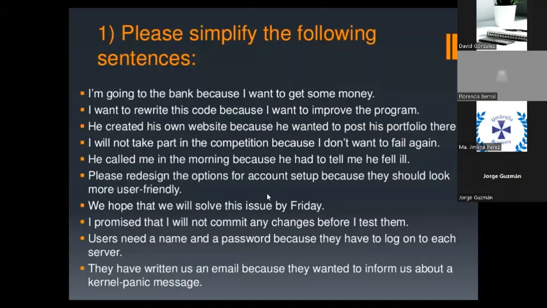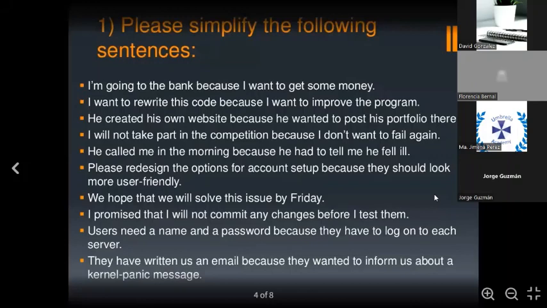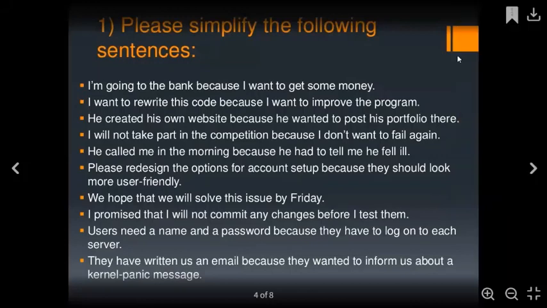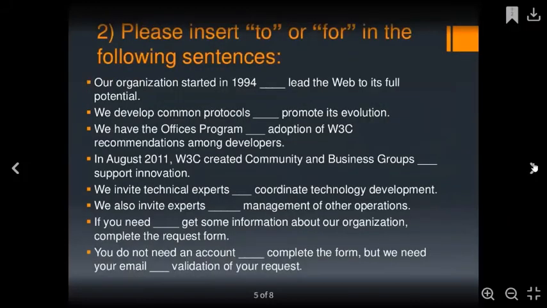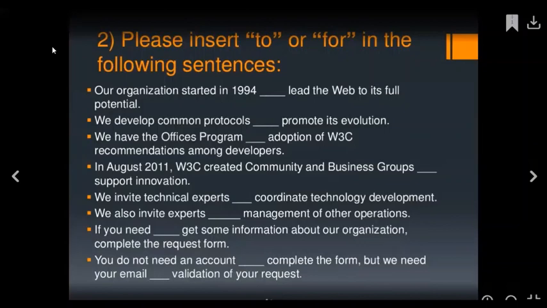Ok, bueno, vamos a seguir más adelante. Ok, van a poner ustedes for o to. Recuerden, to va con un verbo y for para dar una razón, for give a reason, and for with a noun.